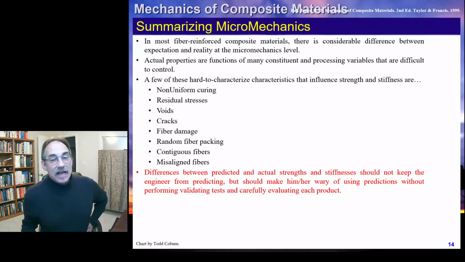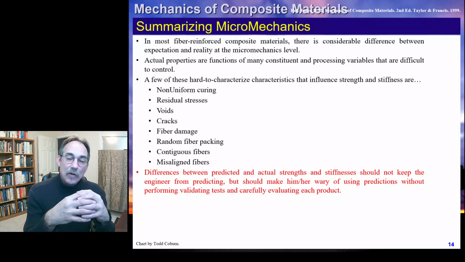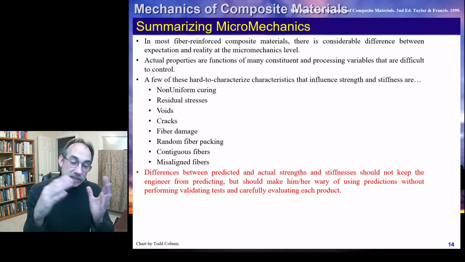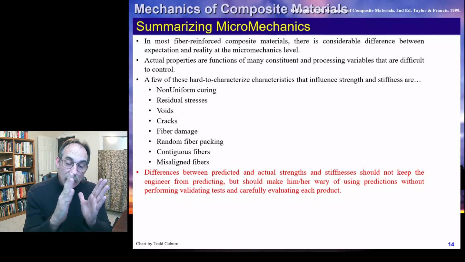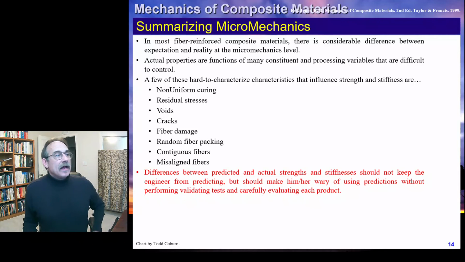Things like non-uniform curing. This can be a function of your thickness or even of your materials. Residual stresses, we just barely scratched the surface of that. Voids: if you aren't wetting out your fiber, or if you don't get the proper compaction, you don't properly impregnate your fibers, you can end up with voids, and that may not even be uniform, and that can undermine your properties.